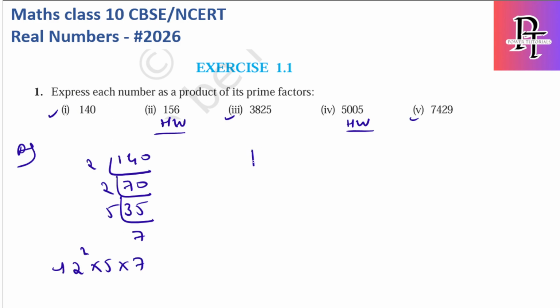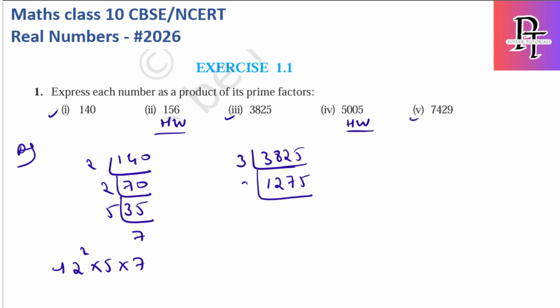What about 3825? 3 plus 8 is 11, 11 plus 2 is 13, 13 plus 5 is 18, so it is divisible by 3. 3 1s are 3, 3 2s are 6, 3 7s are 21 and 3 5s are 15. Again, the logic is if you add all the digits and the sum is divisible by 3, then the number is divisible by 3. So 1275: 1 plus 2 is 3, plus 7 is 10, plus 5 is 15.